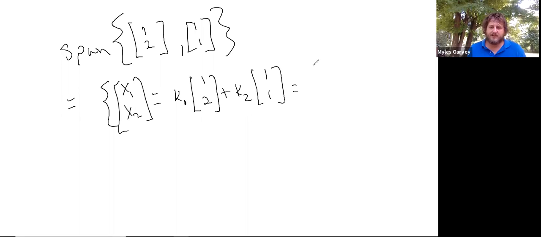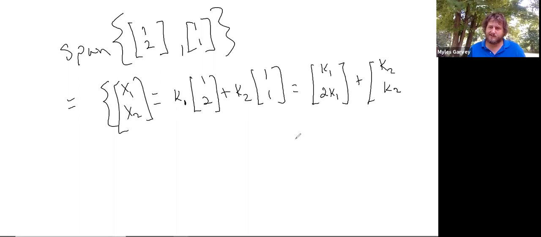And you can rewrite that as (k1, 2k1) plus (k2, k2), which you can rewrite, of course, as (k1 plus k2, 2k1 plus k2).